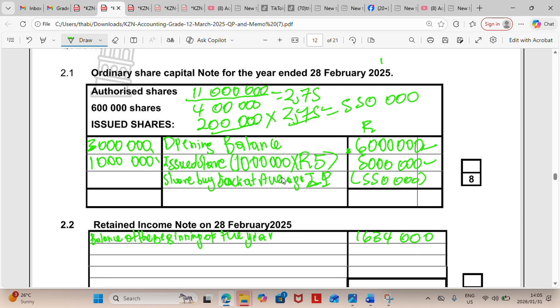550,000. And then how many shares did we buy here, guys? The actual number, you go and record 200,000. So the only thing that you need to do is to press your calculator now. 6 million plus 5 million minus 550,000, you should get 10,450,000. Okay, so I wish I can have these figures on my bank account.